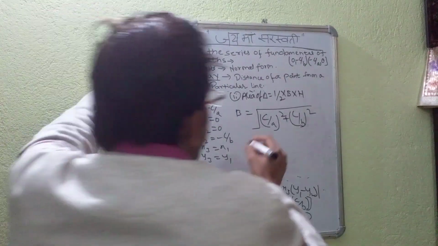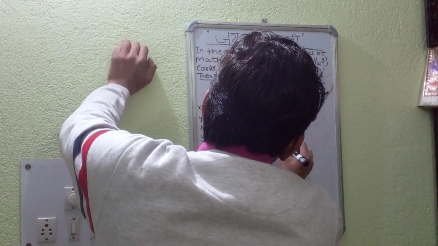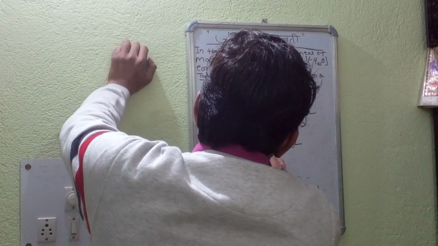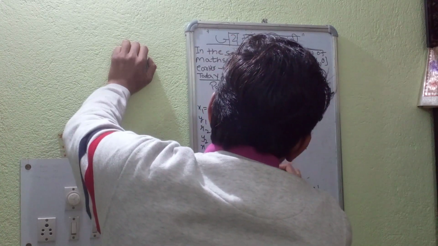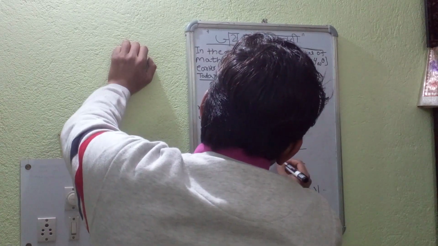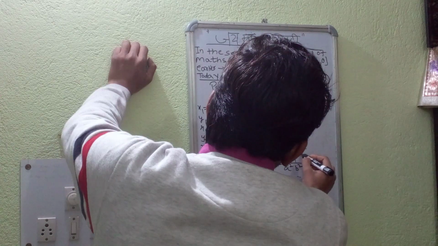Now the base is equal to under root of c square by a square plus c square by b square. The base will be equal to c square b square plus c square a square over a square b square, under root.